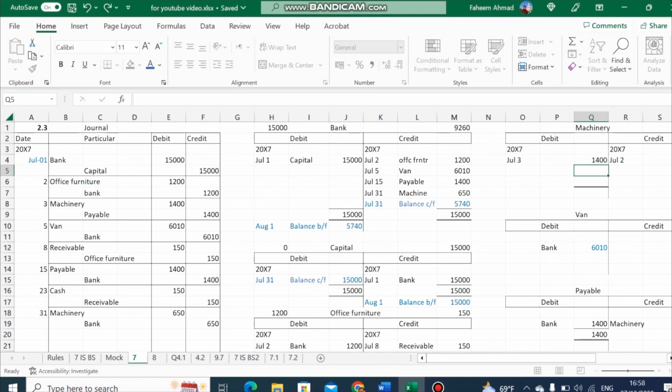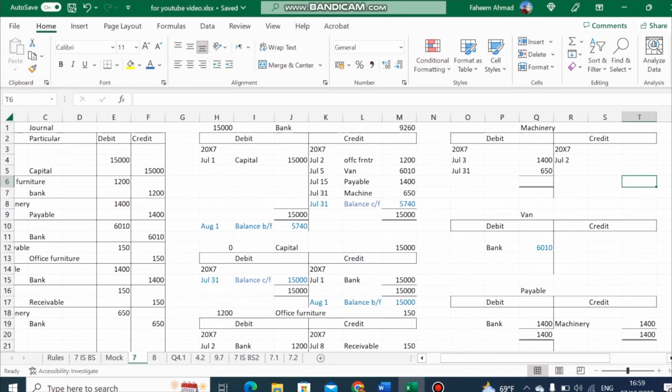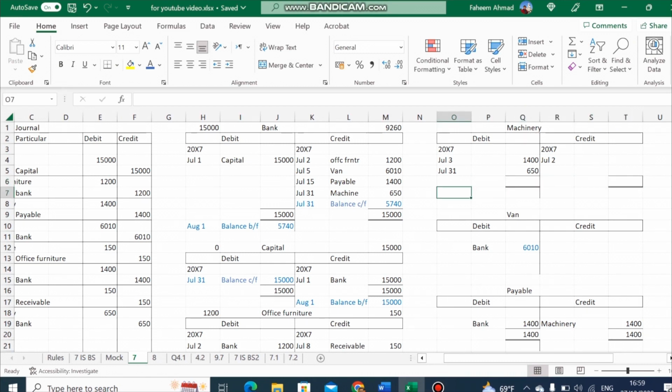So I'm going to post here 1400. I can see another debit entry on 31st. And that is how much? 650. That's it. Now we can calculate closing balance.